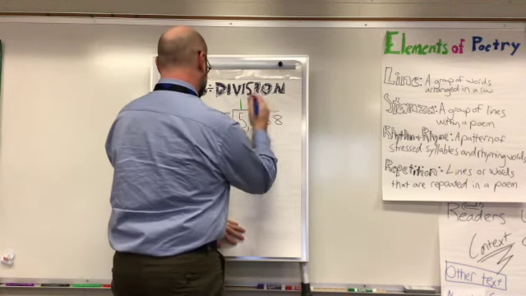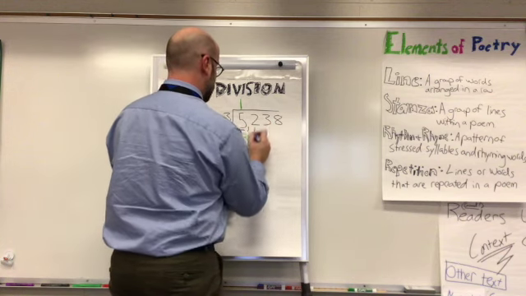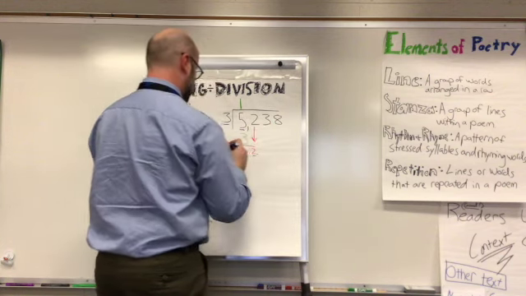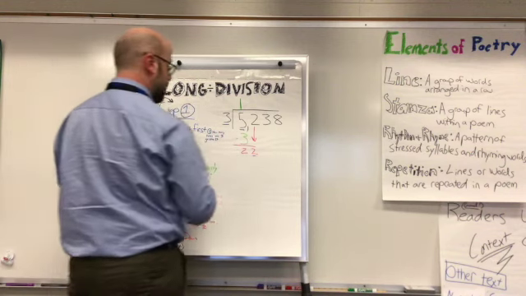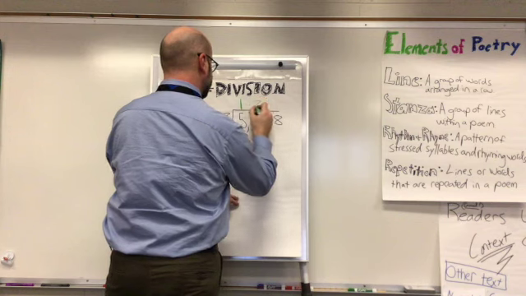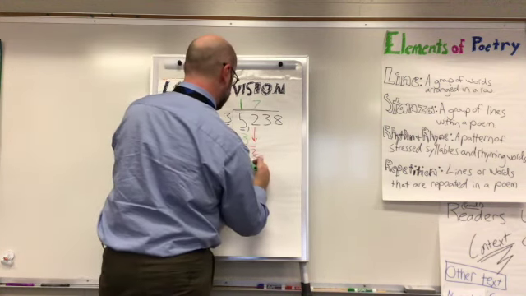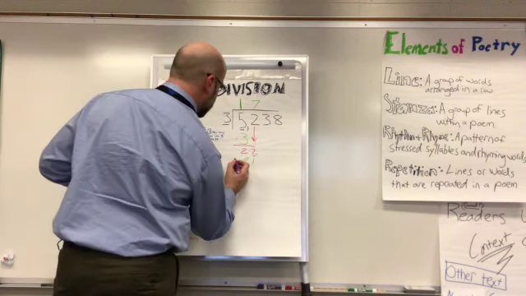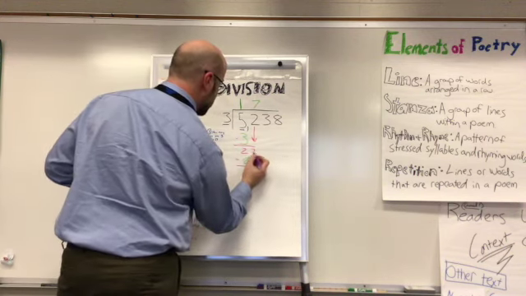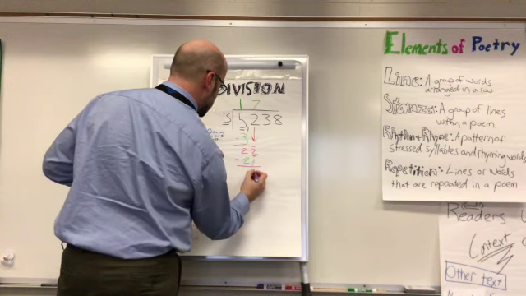The 7 is going to go up here. 3 times 7 is 21. And we subtract 22 minus 21 is 1.